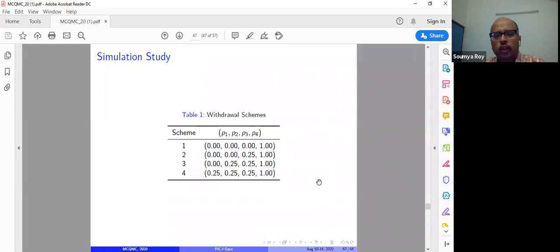Furthermore, we have considered 4 different withdrawal schemes. Now, what is noticeable here is that as we move from scheme 1 to scheme 4, the total time on test is expected to be smaller.